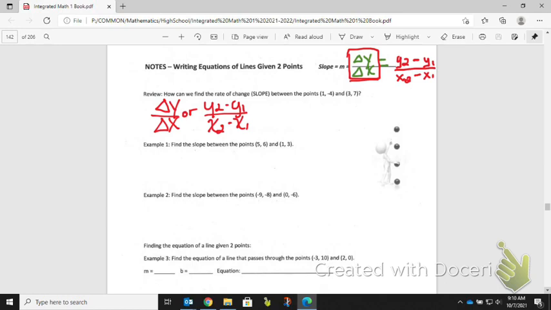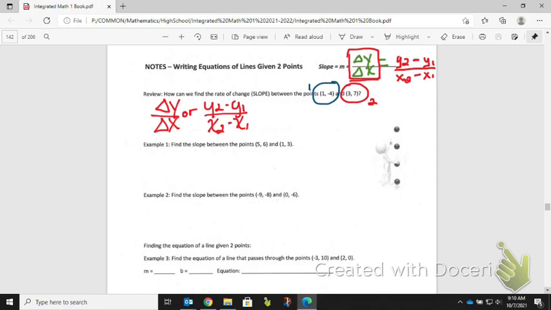All right, so this point right here, (3, 7), let's call that my point 2. And we'll call this point 1.